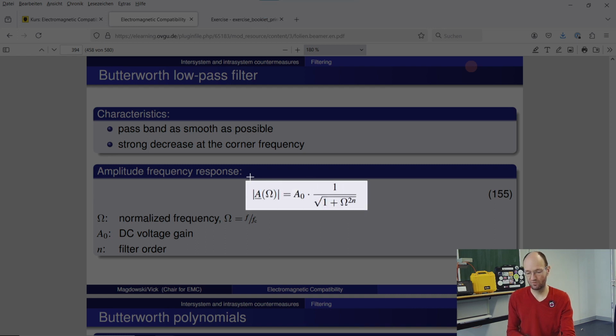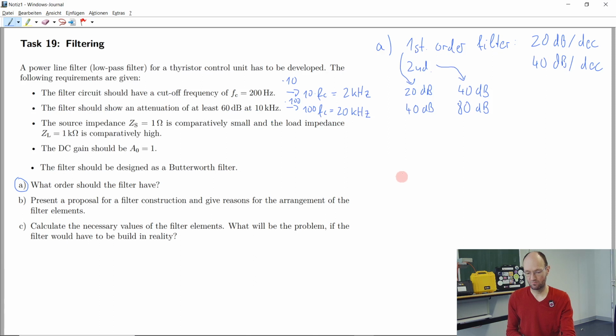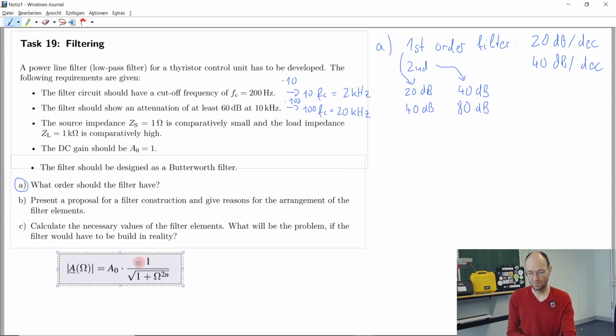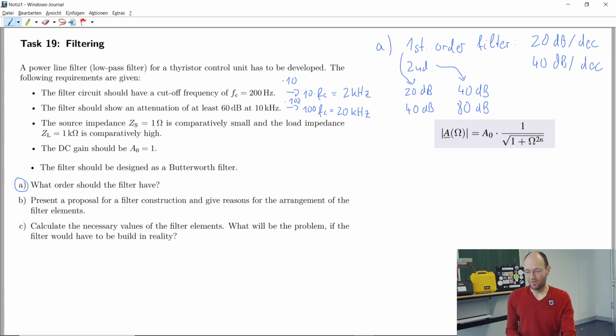So I will copy this and paste it here. And so now, if we would like to get the filter order, we would need to rearrange this equation to the direction of n. So how can we get n from this equation?